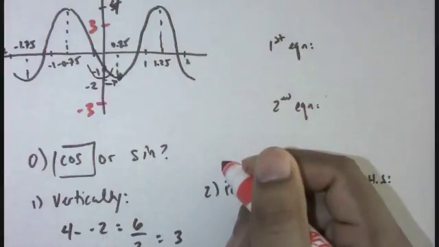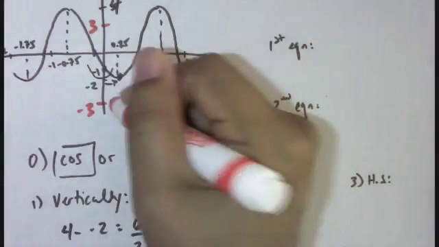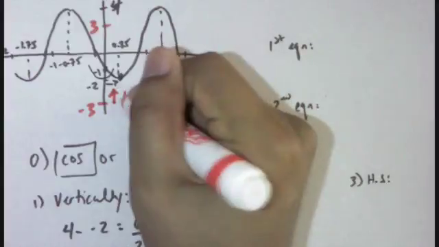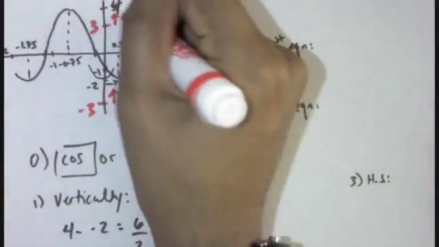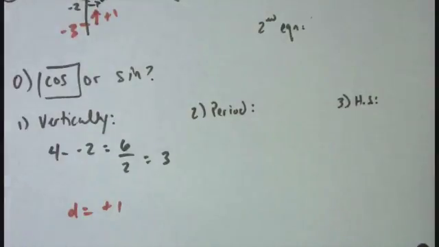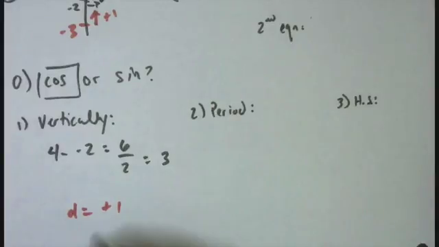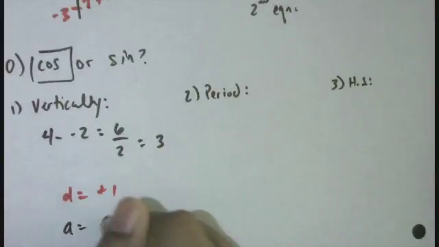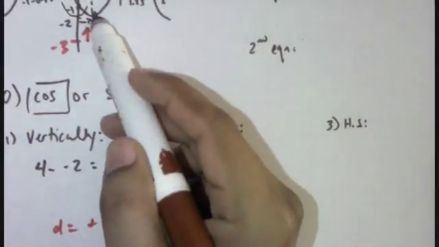But I was supposed to get to -2 to 4 though. So I had to go up 1 unit, and because I'm going up 1 unit, that means my d value is a positive 1. Now, for the a value, is it going to be positive or -3? It's going to be a -3 here because I am starting with my minimum.